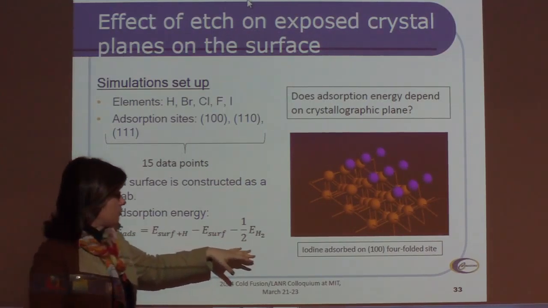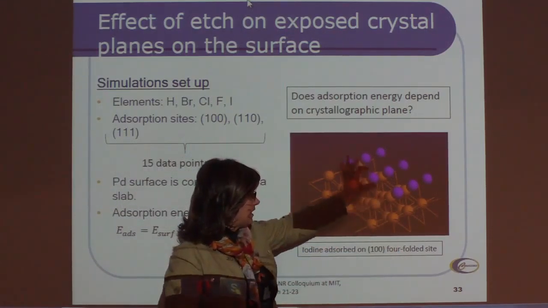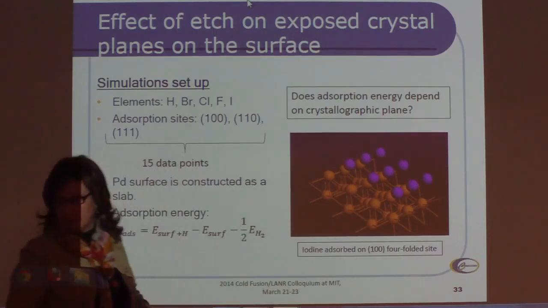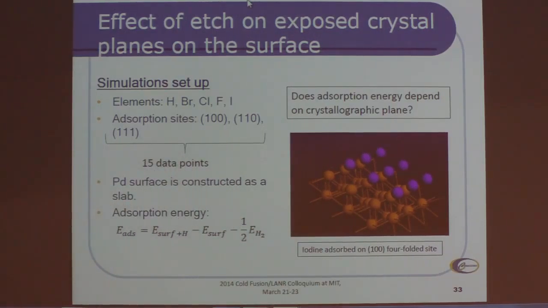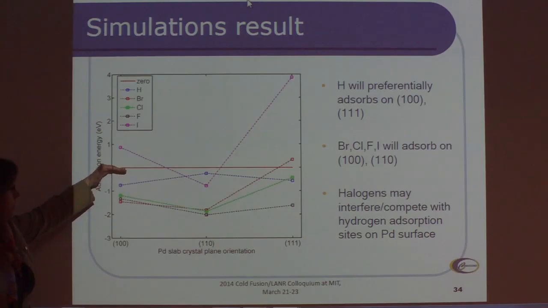So what you see on this picture is this 100, 4-fold site, and the iodine is sitting on top of it. What we're going to calculate is the adsorption energy, where those halogens want to stick. That's my 0. And these are curves for each of those elements.